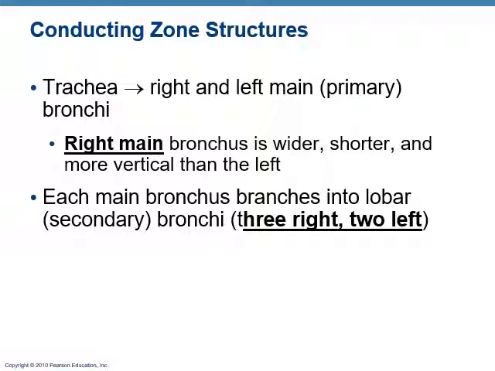So if you think about that structure, with the left one being more horizontal and the right bronchus being more vertical, if some little kid inhales a Polly Pocket shoe or whatever else kids will inhale, where do you think that Polly Pocket shoe is liable to land? Left side or right side? Almost always the right side, because as they inhale it, it goes straight down.